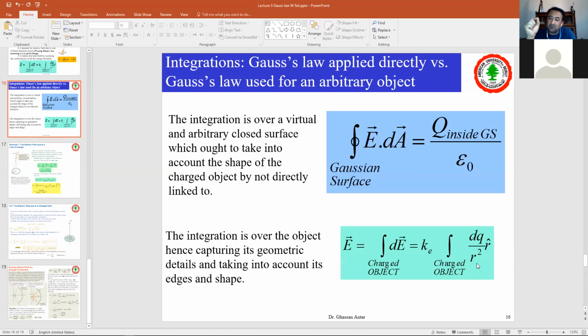But nevertheless, you must know that these two forms will enable you to get the electric field at any point in space caused by some charge Q, whatever the form of this charge. If the charge is symmetric, then the easier way is to use Gauss's law. If it is not, then we actually need to integrate.